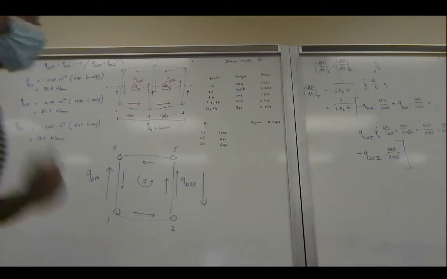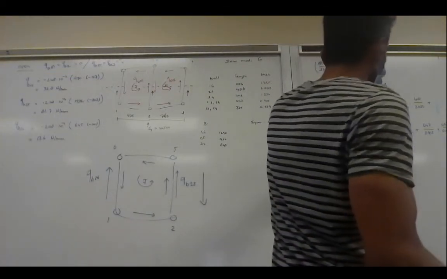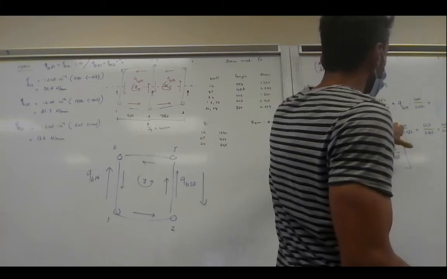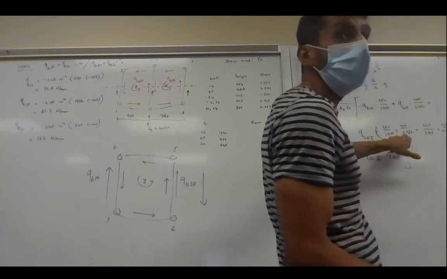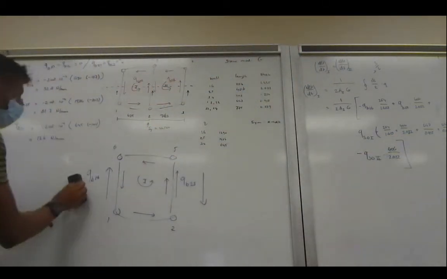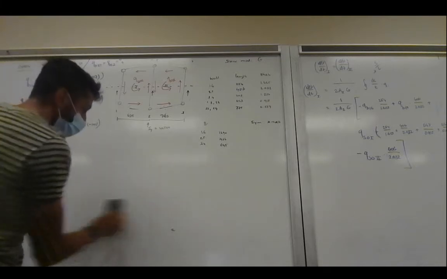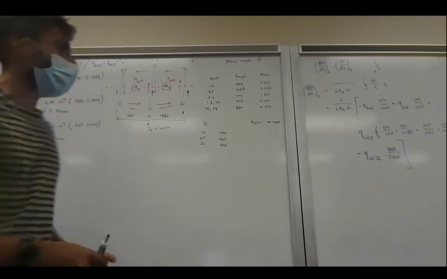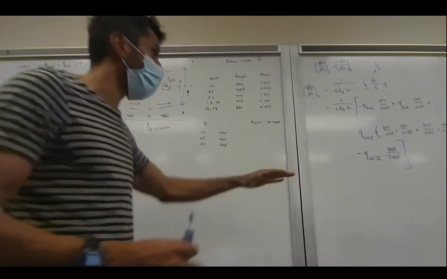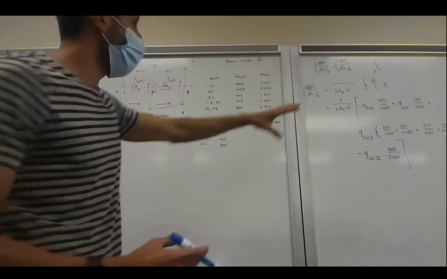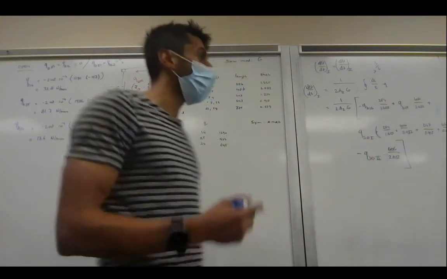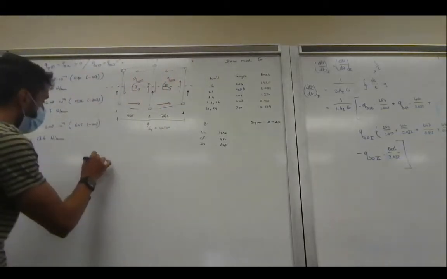Because here the thickness is taken into account: length of that segment divided by the corresponding thickness. You can do it that way, or you can do it a slightly different way. I find it annoying to write out divided by the thicknesses like this, so I introduce a new variable called delta.